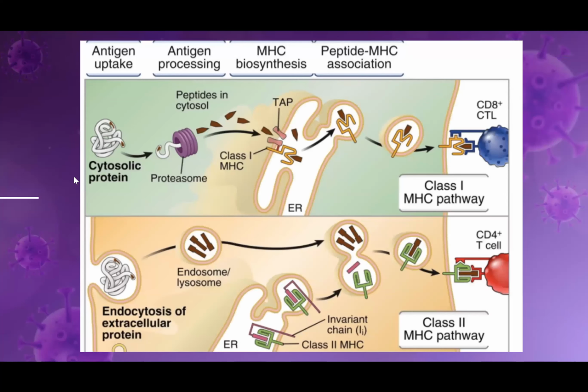And in this photo, you can see how they convert the protein into the peptides, which will then bind to the MHC, which can be presented to the CD8, and this would be the class 1 pathway. In the class 2 pathway, they are put into these vesicles, converted into the peptides, which then bind to the MHC and then present to CD4.